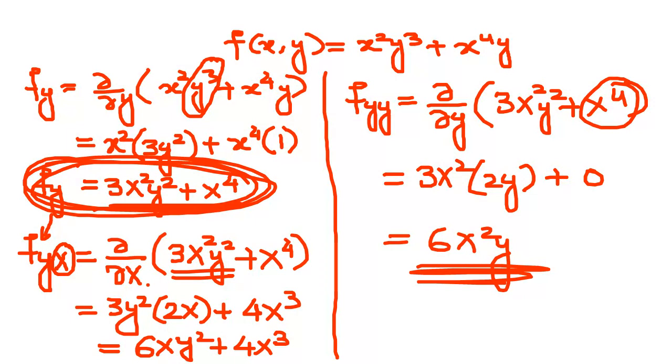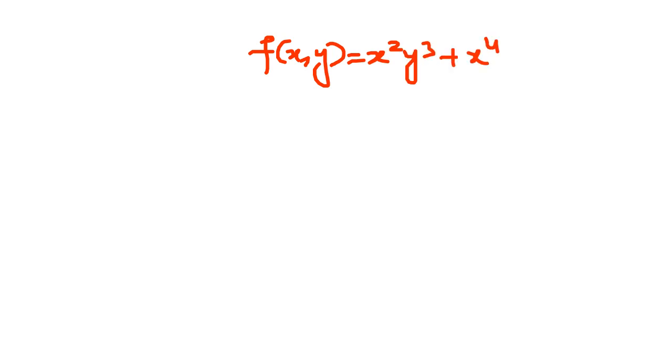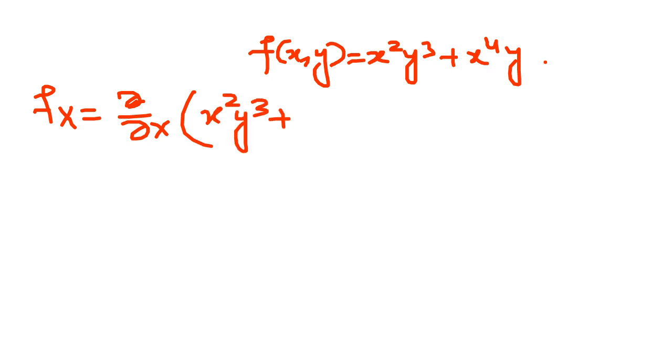Okay. Now see the x. You have a question regarding the x. See, the function is the same: f of xy is equal to x square y power 3 plus x power 4y. First find the partial derivative with respect to x, then you can do the x square.